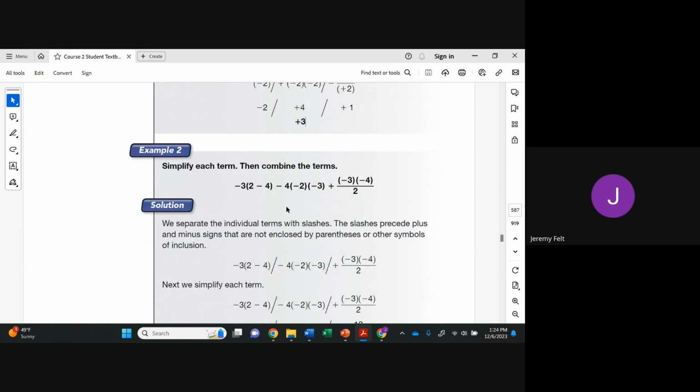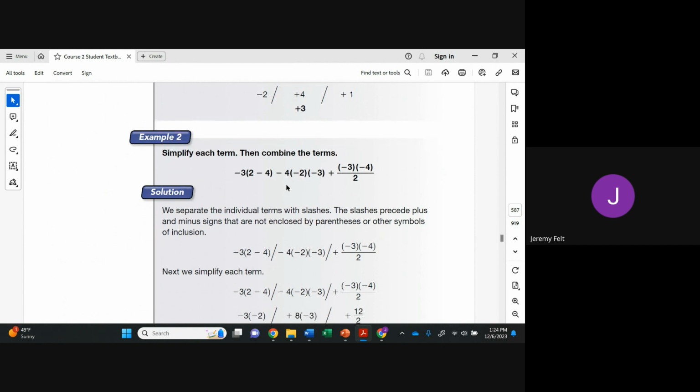Okay, this one we have parentheses. So 2 minus 4 would be -2 times -3 would be +6. This one we have -2 times -3 is +6. So times -4 is -24.